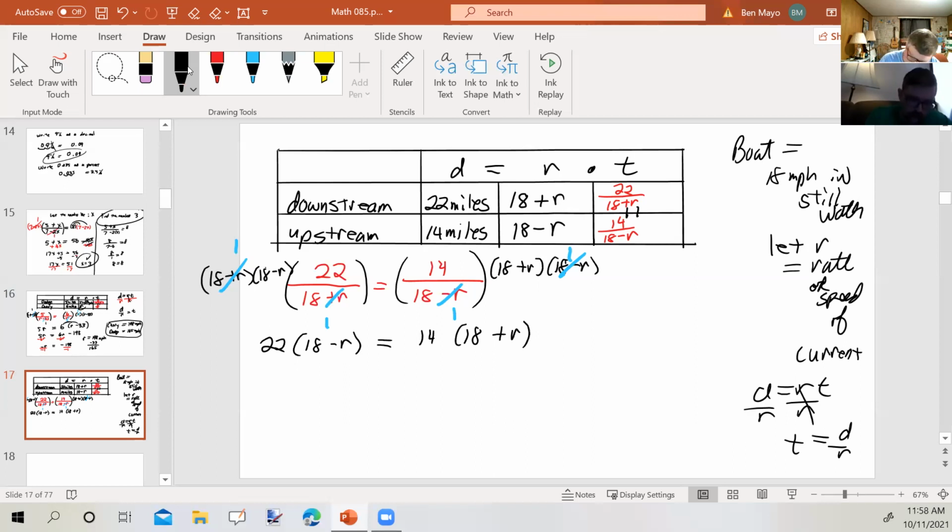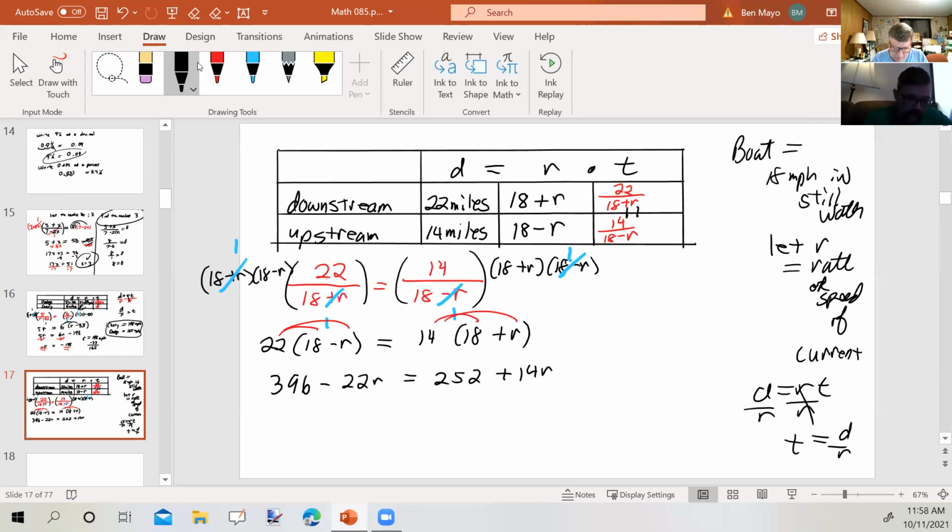Okay, so going on, we'll distribute 22 times 18. It's Monday, I'm going to be lazy and use my calculator. 22 times 18 is 396 minus 22R equals 14 times 18, 252 plus 14R.